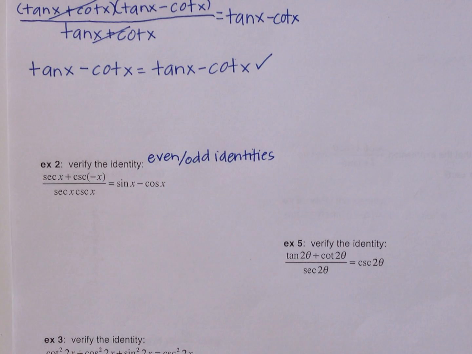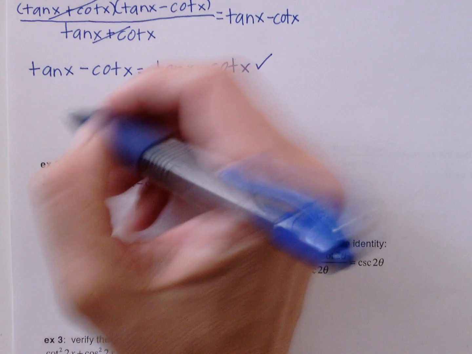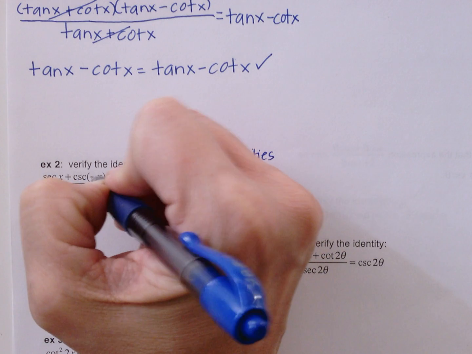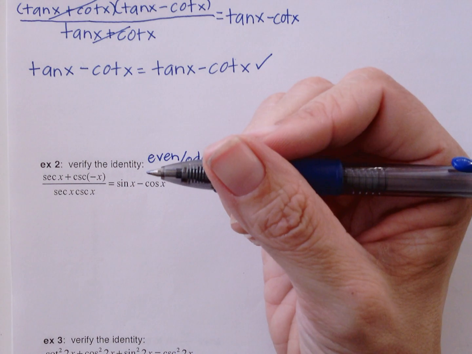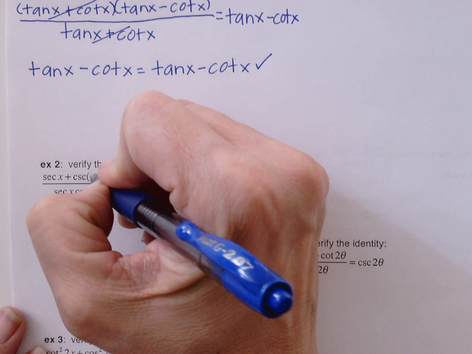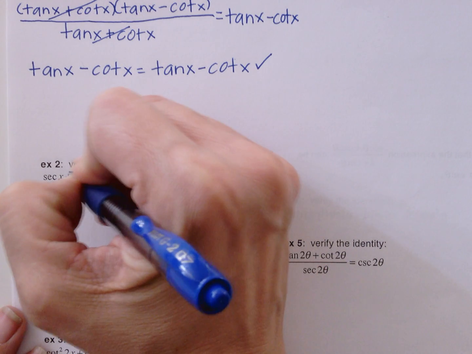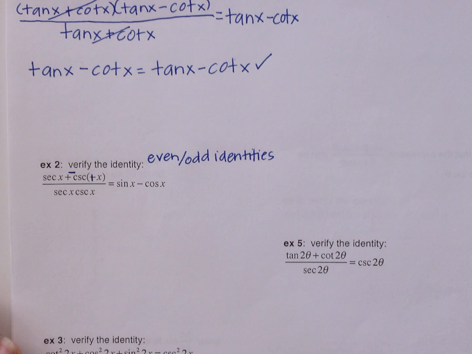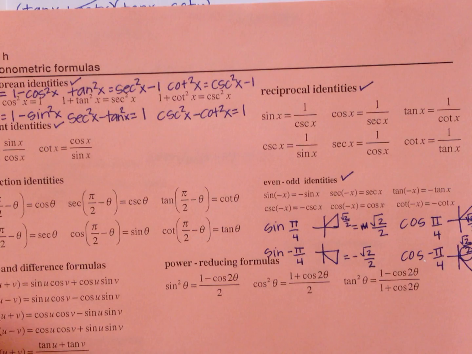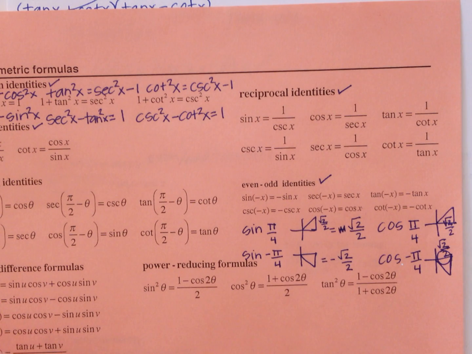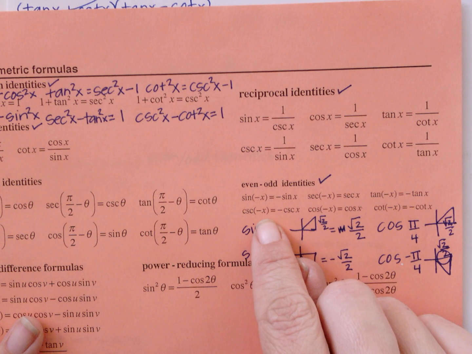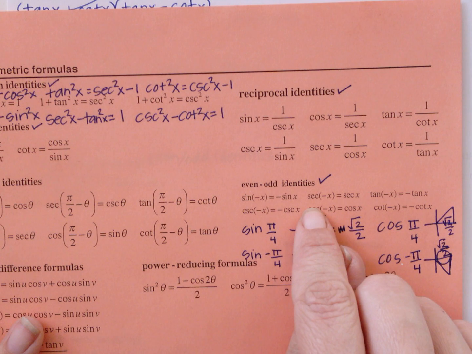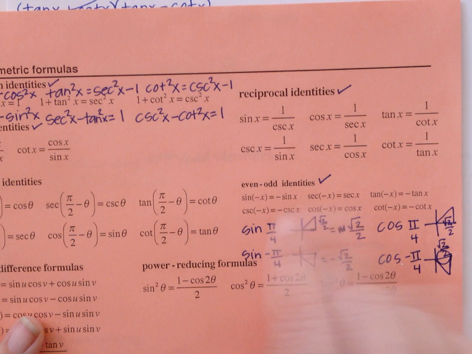So what we're going to do here, very first step, is start by evaluating this. Because this is cosecant and not cosine or secant, we are going to change this sign and make it a negative out in front. The reason we're doing that is because this rule says that cosecant of negative x can be written where the angle is positive, but you bring the negative out in front.